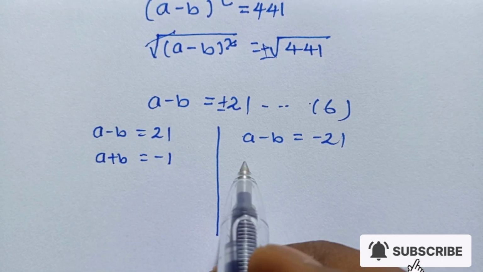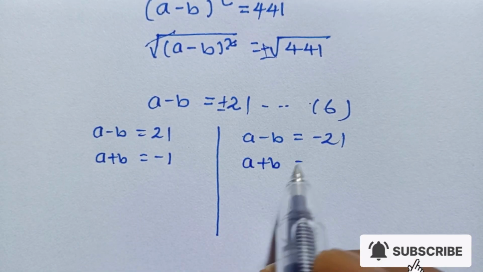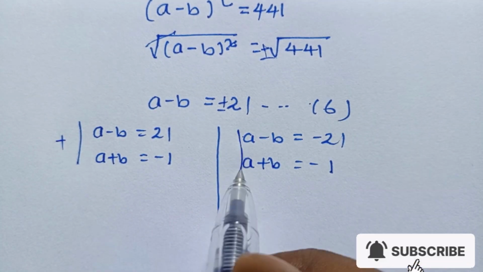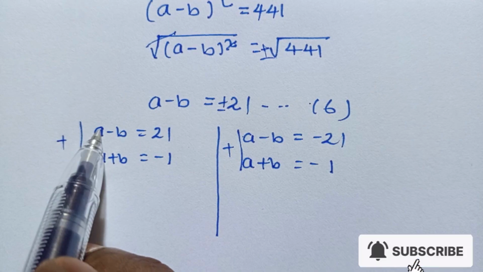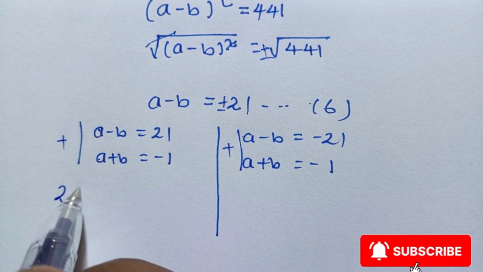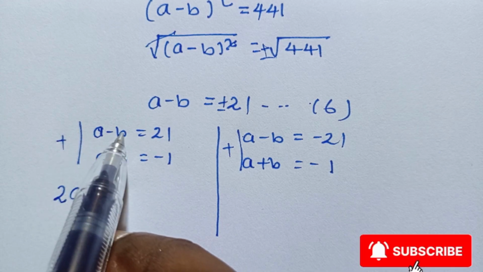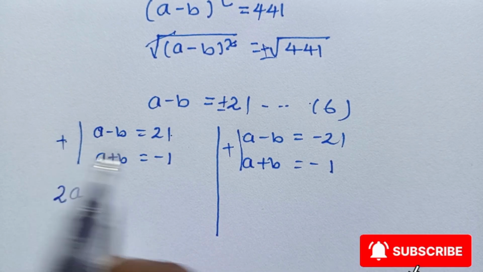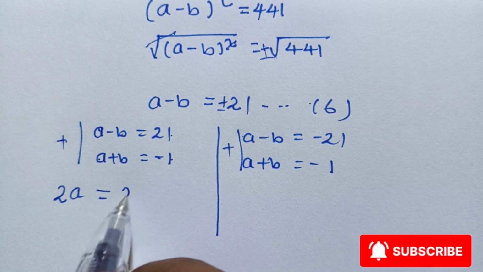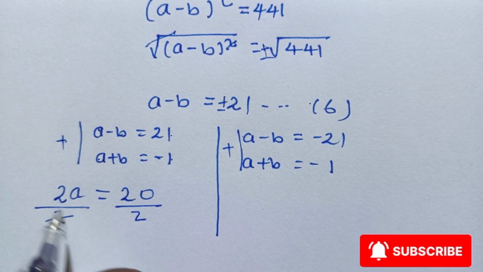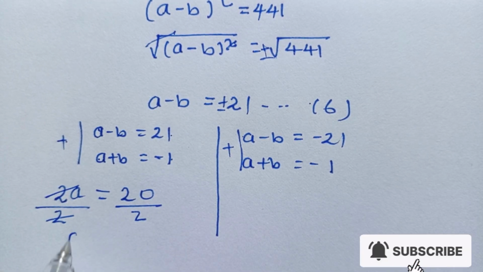Adding a plus b and a minus b, we get 2a, and minus b plus b is 0, equal to 21 plus minus 1, equal to 20 over 2. The 2 is cancelled, so a equals 10.